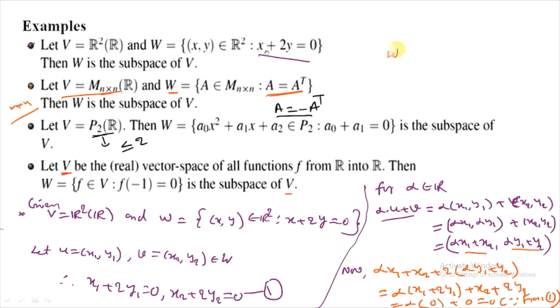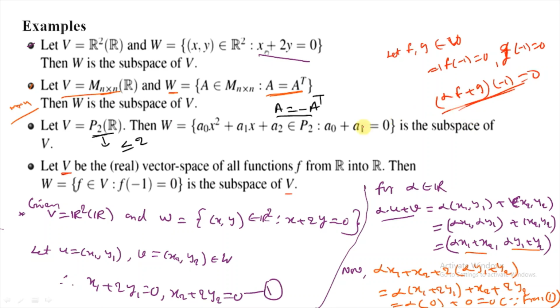Now just to give an idea, try this one. Let f, g belong to W. If they belong to W, it means f of minus 1 equal to 0 and g of minus 1 equal to 0. Now check vector addition and scalar multiplication. That means alpha f plus g of minus 1 is also 0.